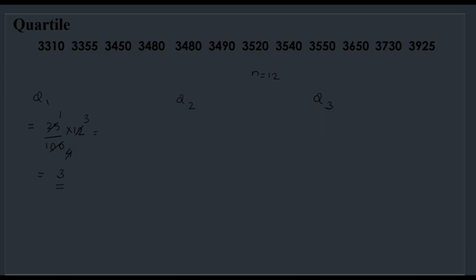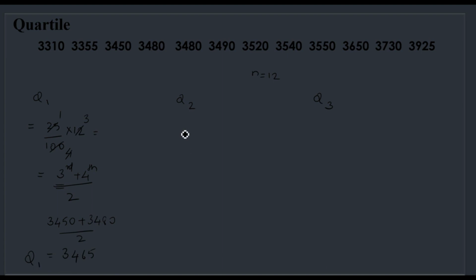If we get an integer value, we take the third position value plus the 3 plus 1, fourth position value, divided by 2. 1, 2, 3. That is 3450 plus 3480 divided by 2. So that is 3465, the value of the first quartile Q1.